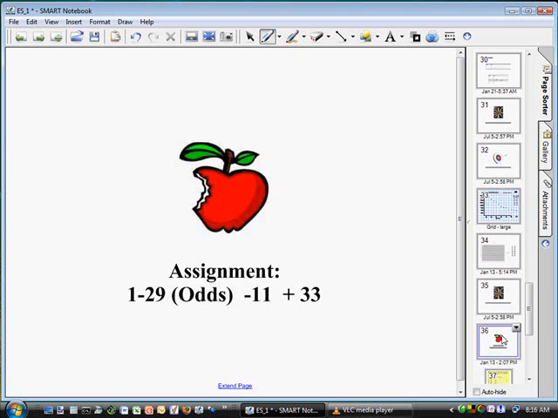You should be able to have this done by Wednesday. 1 to 29, and by that I mean 1.1, 1.3, 1.5, the way they number them in the book, etc. 1 to 29, the odds, and then skip 11, but I want you to add on number 33. So 1 to 29 odds, don't do 11s, add number 33.